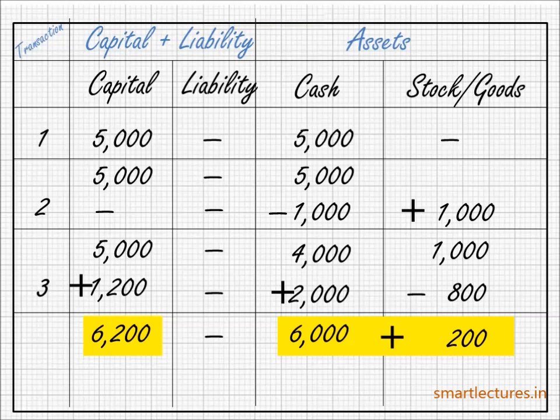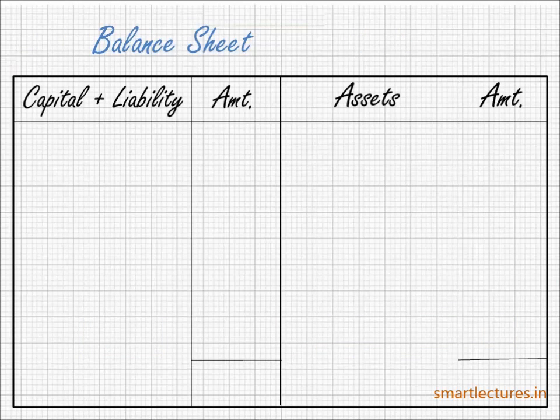This last equation should be presented in another format, and you know that format is called the balance sheet. Balance sheet always tells about the financial position of the firm on a particular date. So you will write down balance sheet as at 31st March 2013.